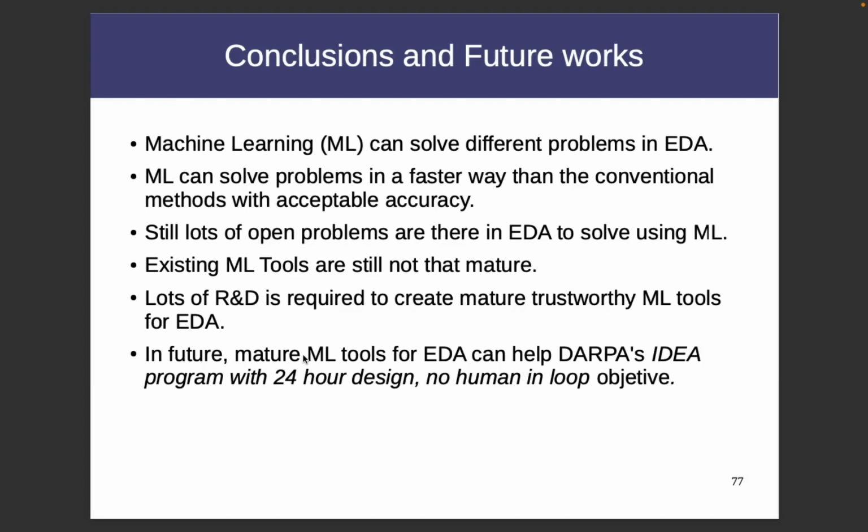In the future, the main goal of machine learning for EDA is no human in the loop, with machines automatically creating the layouts from the specification. That is the final goal of the machine learning for EDA domain.